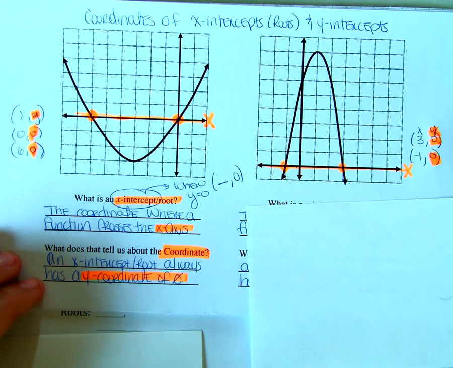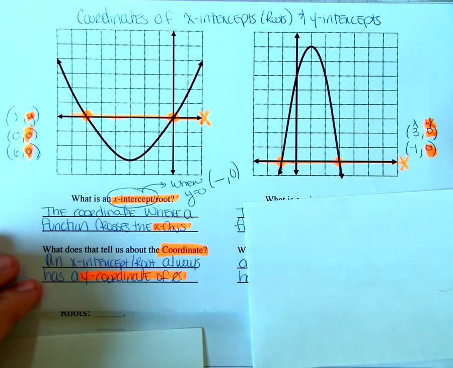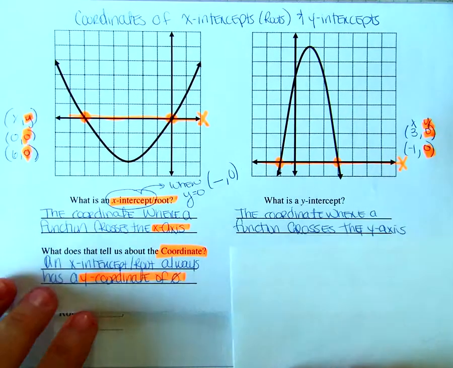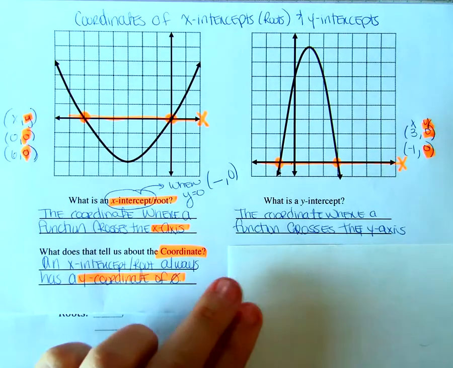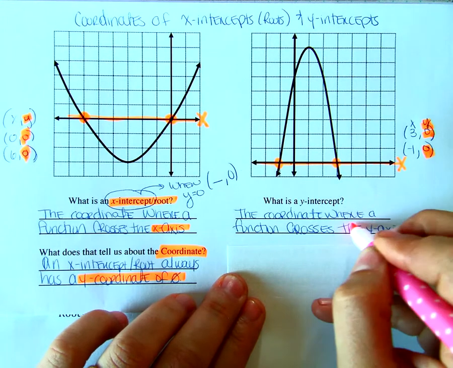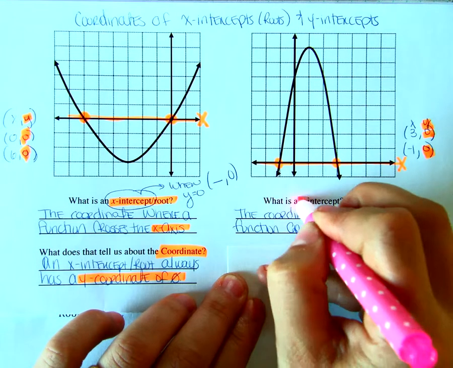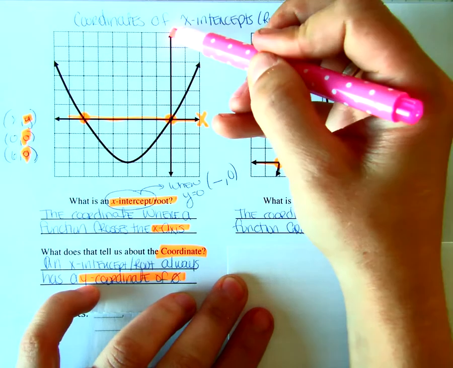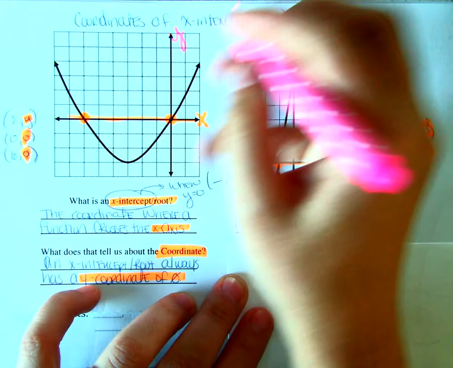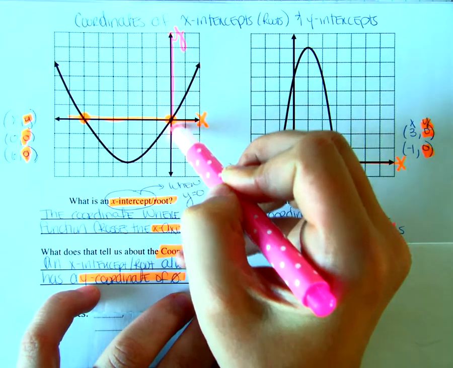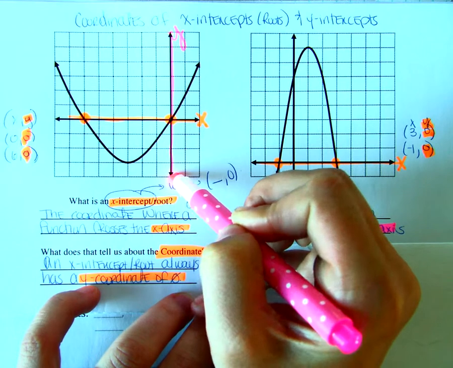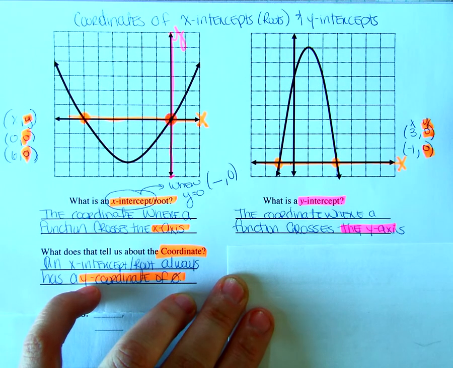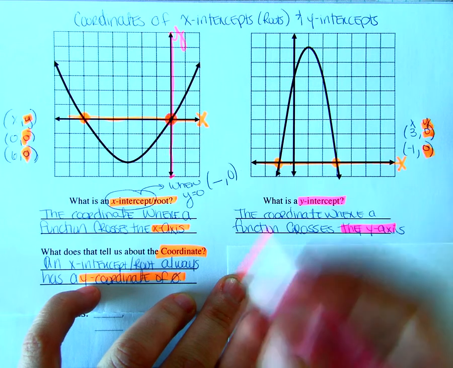Okay? Let's move over to the concept of a y-intercept. So first of all, what is a y-intercept? A y-intercept is the coordinate where the function crosses the y-axis. So a y-intercept crosses the y-axis. So this is our y-axis, and we ask ourselves, where does the graph cross it? And it's going to be at this point, which is also an x-intercept.